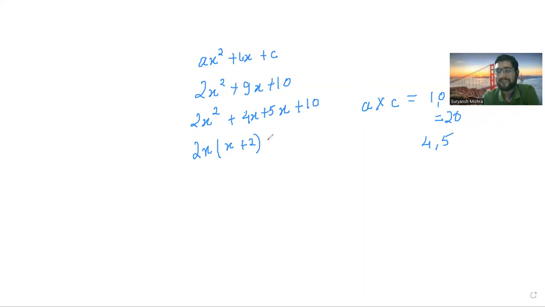Now we'll do the same thing with the other two terms left out. So when we take 5 outside the bracket, there will be x again inside and 2 again. Now we have to write 2x plus 5, and since x plus 2 is getting repeated, we can write it one time. So this is the way to factorize any quadratic polynomial.